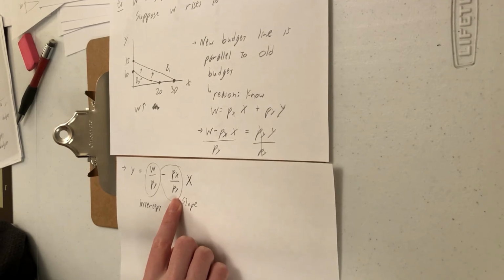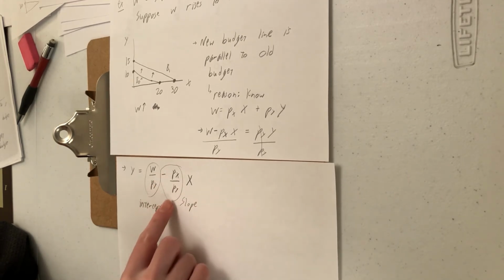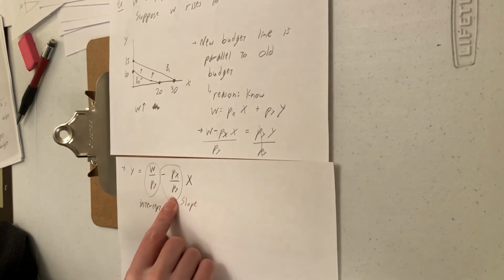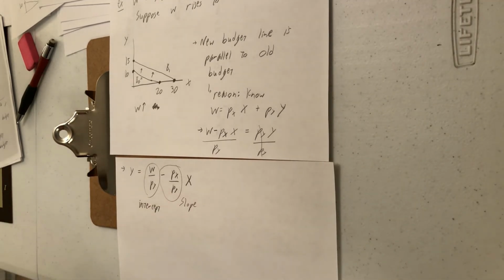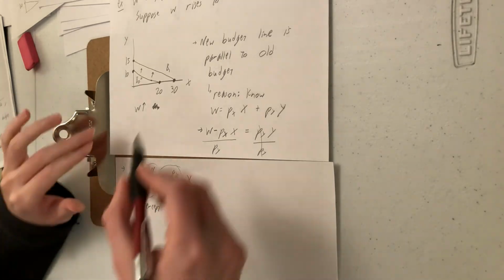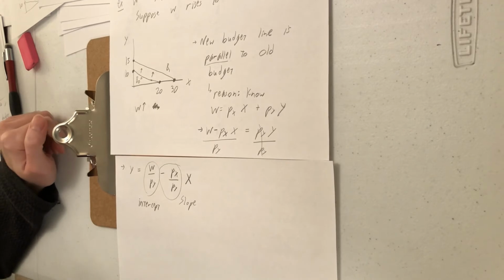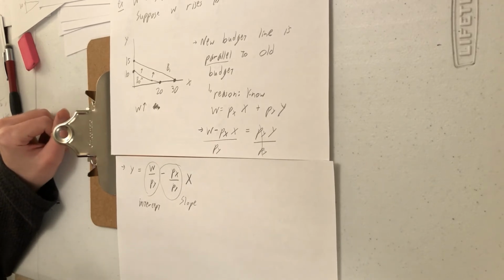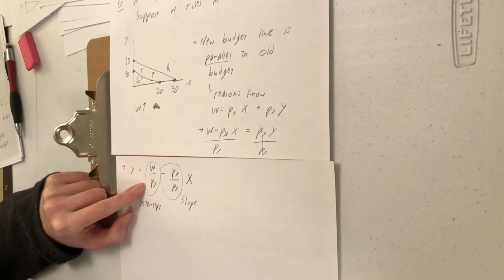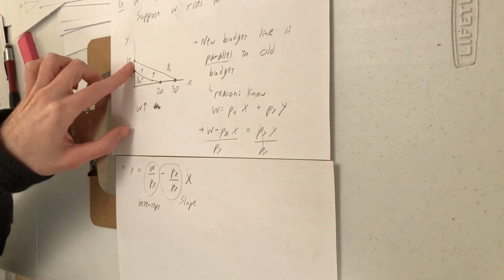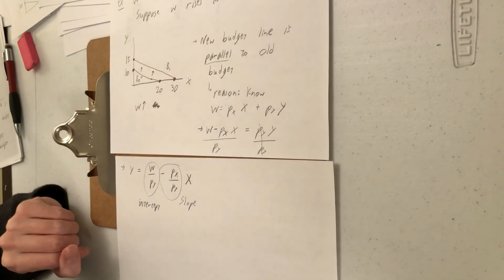So if wealth goes from 20 to 30, this slope here, this ratio, is unchanged. So if two lines have the same slope, they're parallel. Where the wealth does come in is only in the intercept. So that's why there's a new and higher point over here, even though the slope is still the same as it was before.